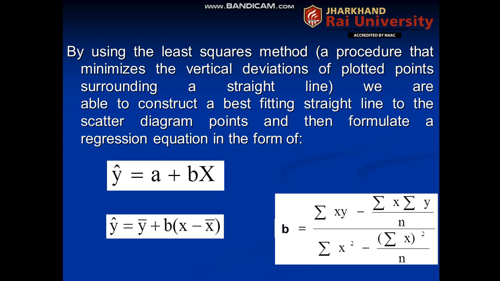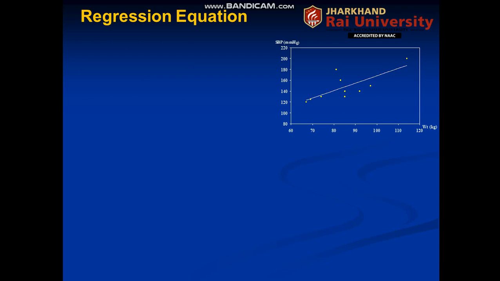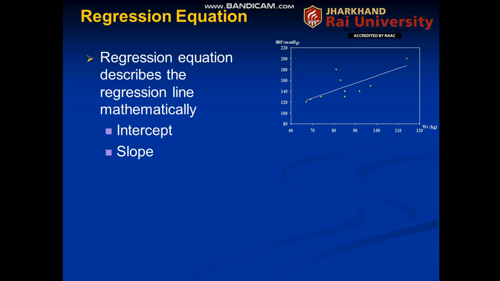What we have to do is calculate y bar, or the value of y, with the help of the straight line equation, that is a plus bx, and y bar is equal to y bar plus b times x minus x mean. So we have to calculate all these things for y and y bar, and after calculating y and y bar, we have to find the value of b using the values found in the above equations. This is the formula for calculating b.